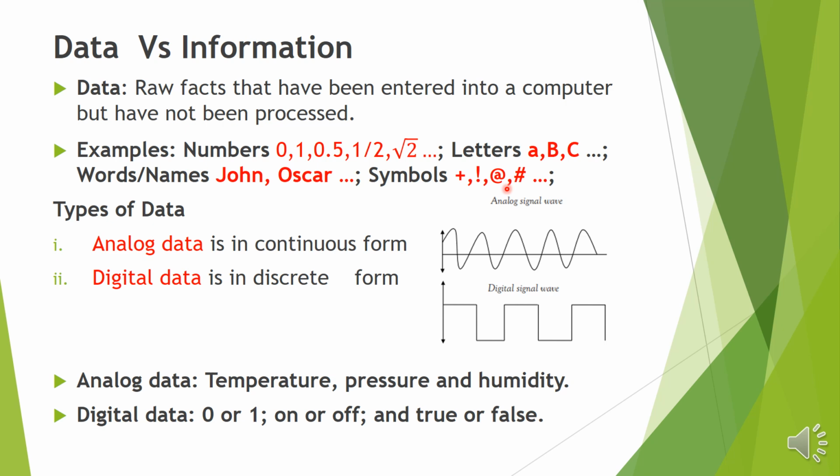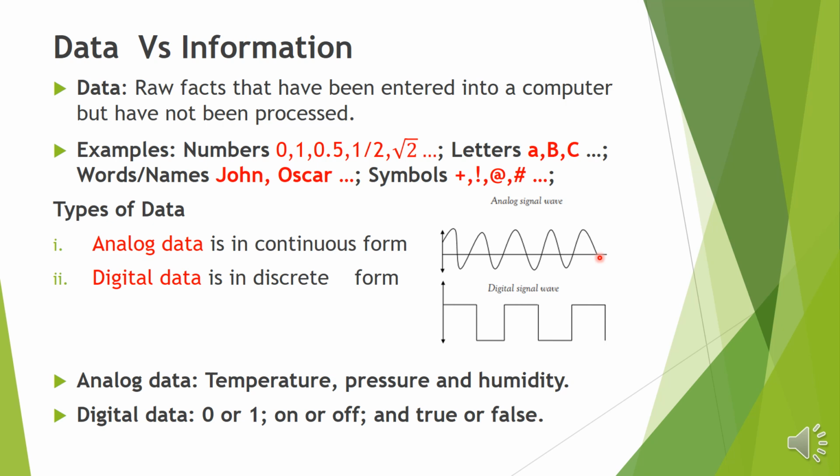So we have many categories of data including analog data and digital data. What is the difference? I can explain the difference between these two types of data by using the following figures. For example, this first figure pictures analog data.